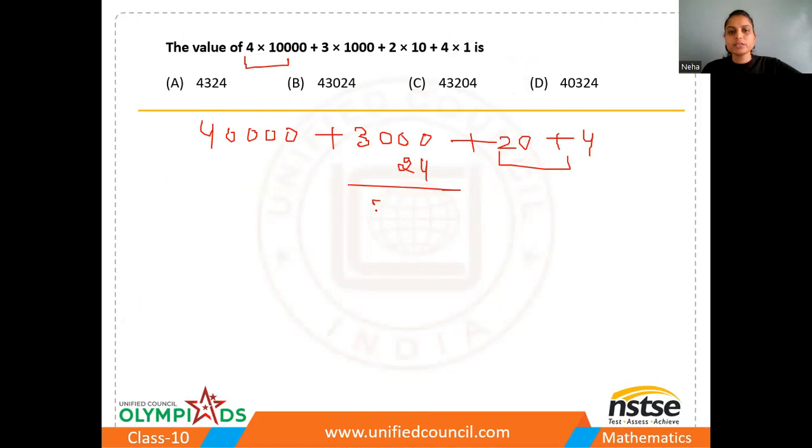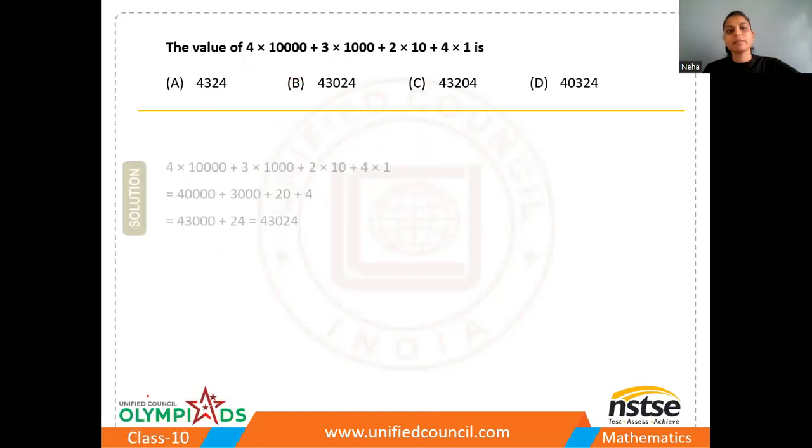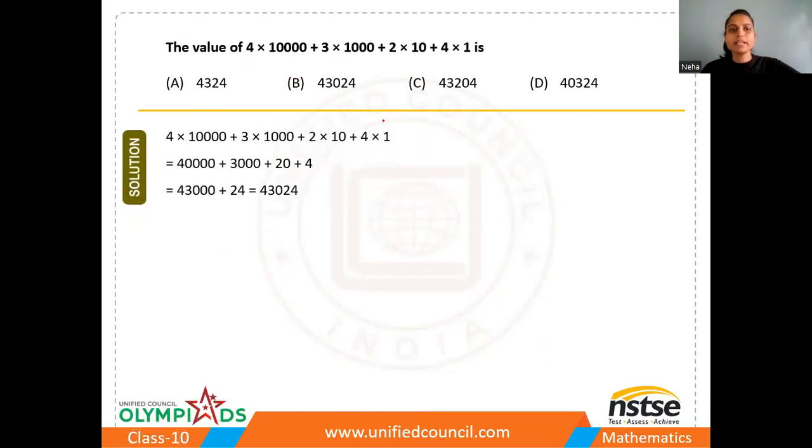This is 3,024, and if I add, this is 43,024. Option B is the right answer. Very simple calculation, right? Or we can say this is the expanded form of 43,024, correct?